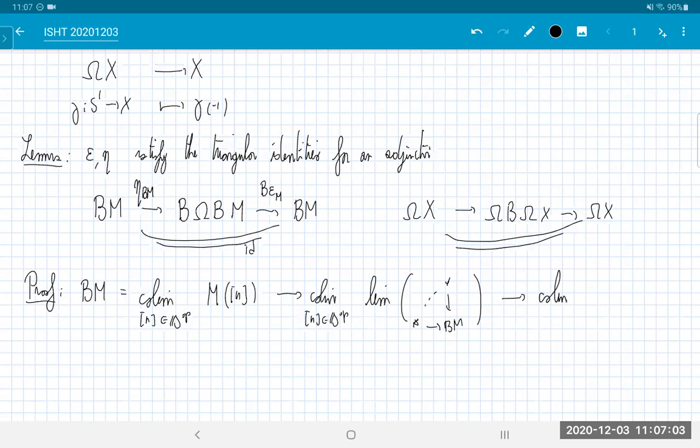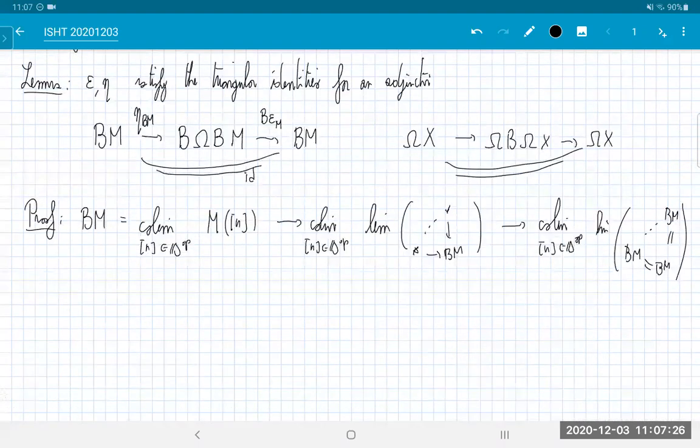And this goes to the colimit of delta up of the limit of the constant diagram at Bm. And you want to say that this is homotopic to the identity.